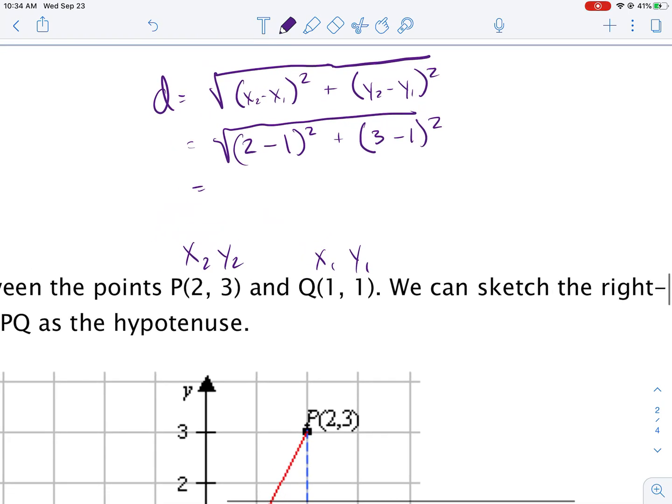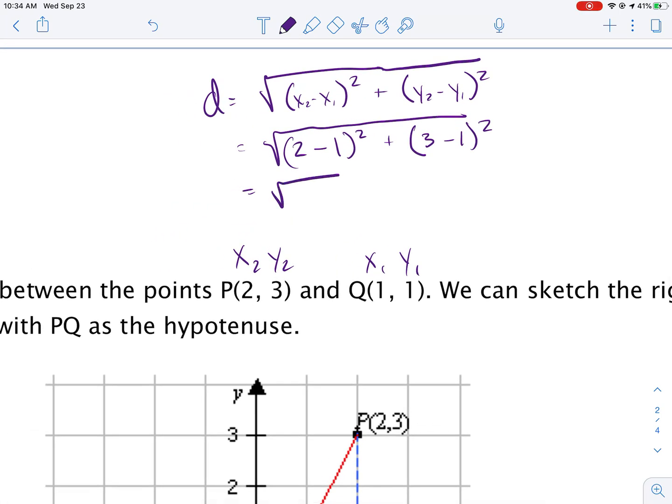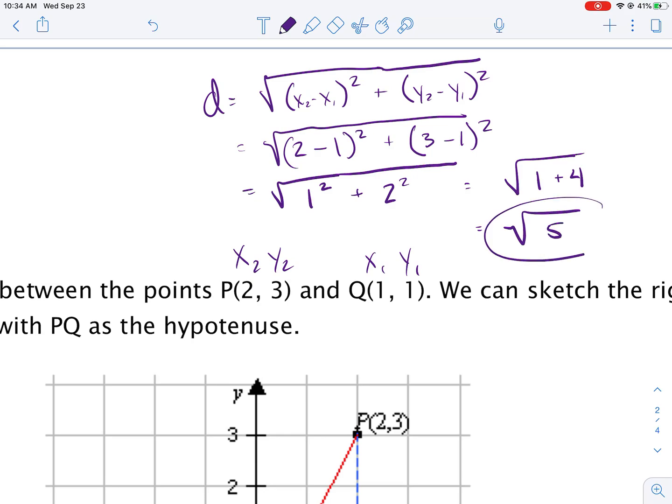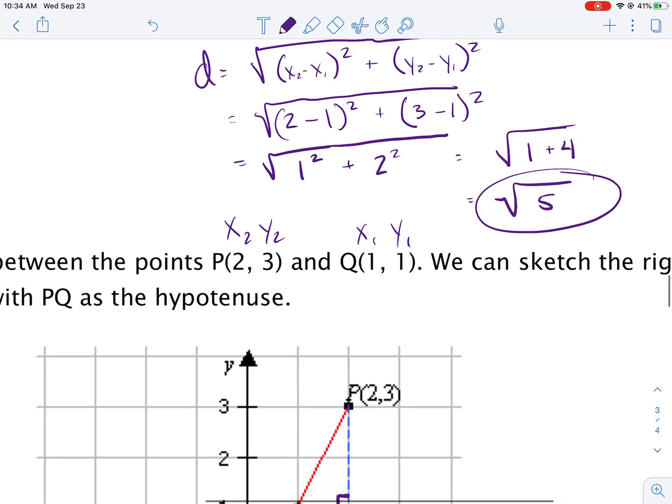And so finally, 2 minus 1 is just 1 squared, plus 3 minus 1 is 2, so 2 squared is equal to the square root of 1 plus 4. And you get a square root of 5.